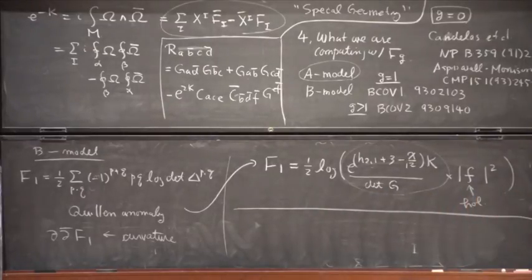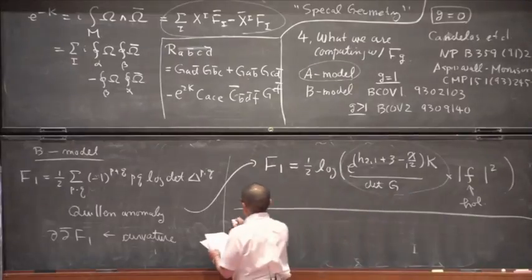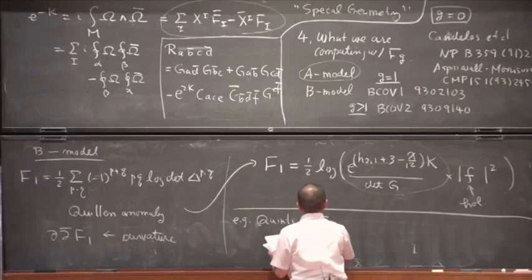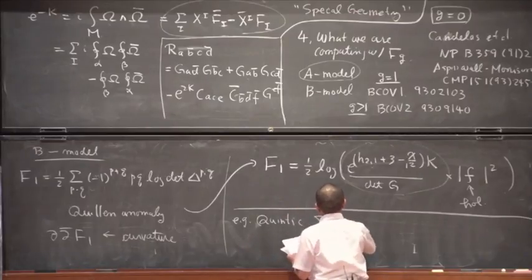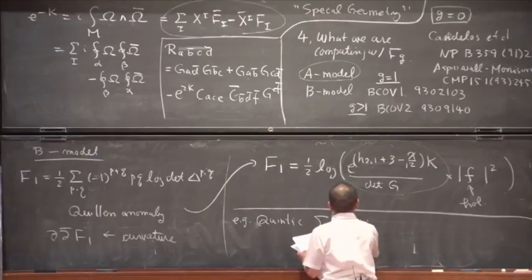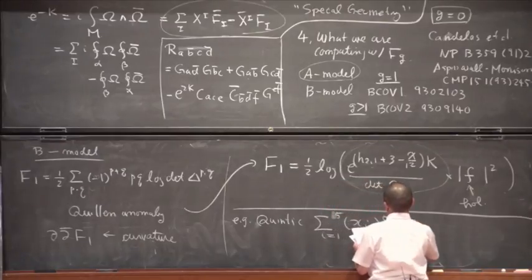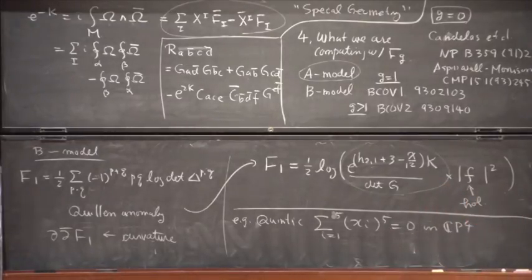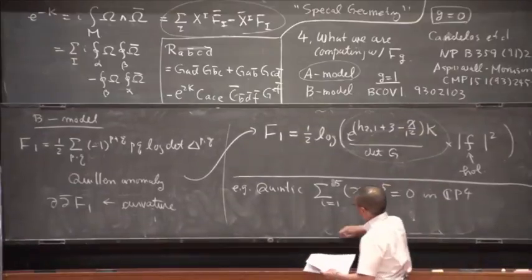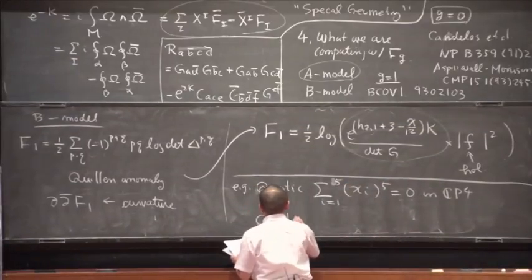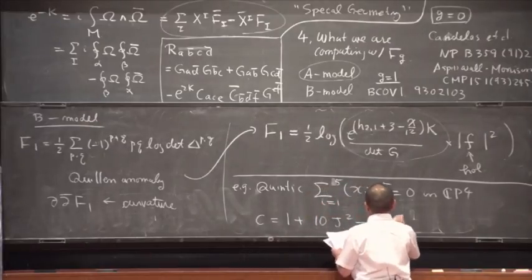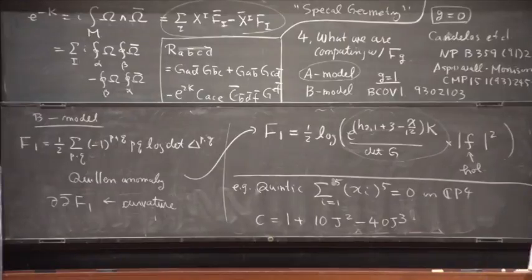So I told you an example of quintic yesterday. And you remember the computation of total Chern class of this space, which is given by 1 plus 10j squared minus 40j cubed. The term linear in j is missing. This is because this is the Calabi-Yau space, so the first Chern class is 0.